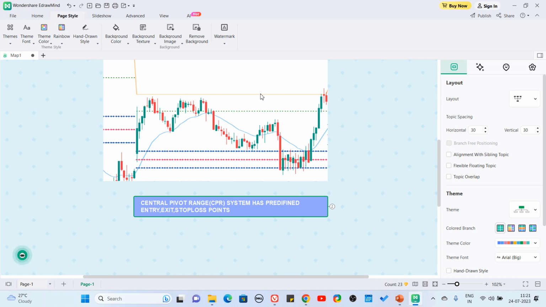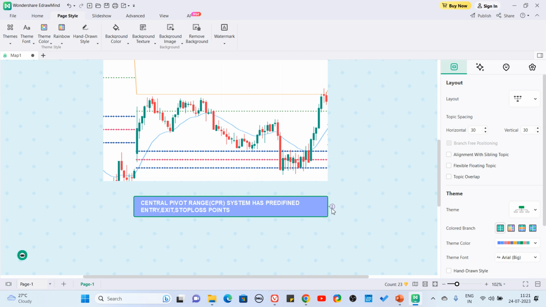This is the previous day high, and we have some predefined lines to take profits. I don't want to go deeper into this concept because it is a slightly different topic. I want you to understand that CPR is a range where we have a fair value to buy at. That means you can buy here, or short here, according to the system.